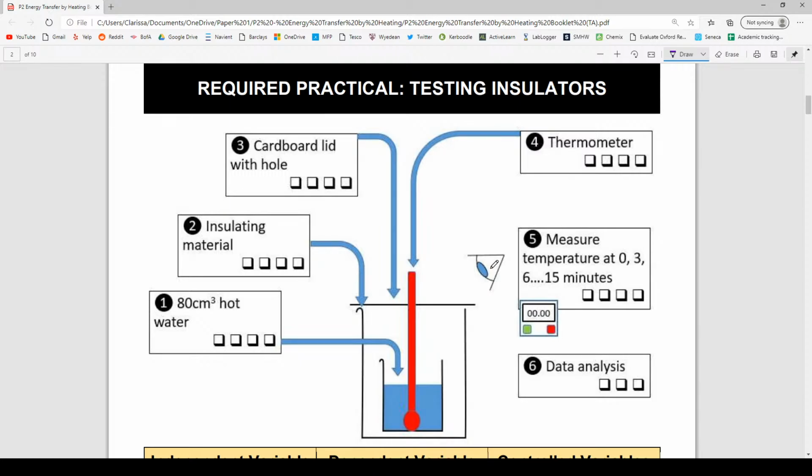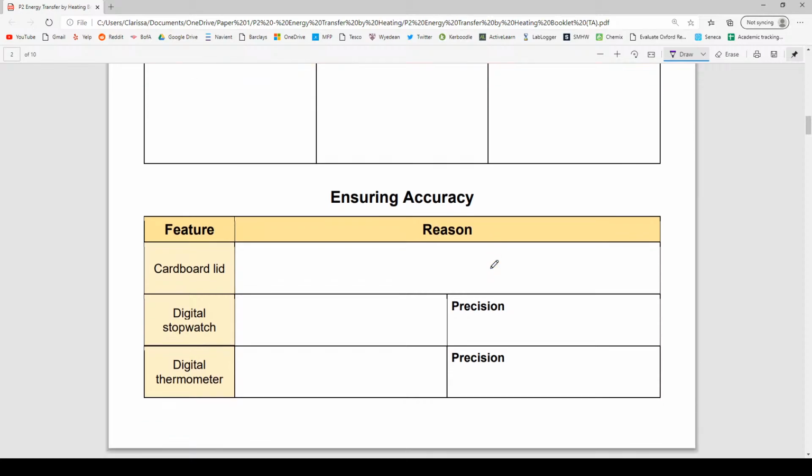Do the same but with a different material wrapped around it, and then just see what material is better at keeping the heat in and what material isn't very good. So it's basically just testing different materials and seeing how good they are at insulating by checking the temperature of some hot water, seeing how low that temperature dropped.